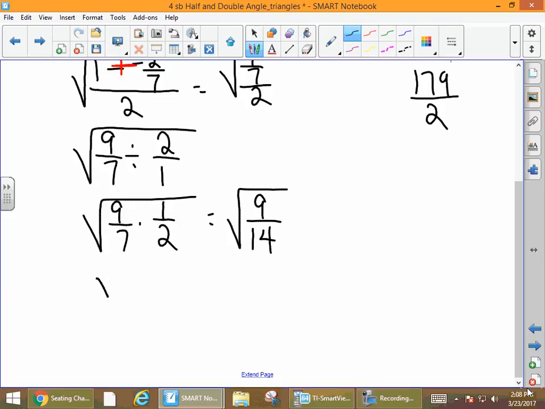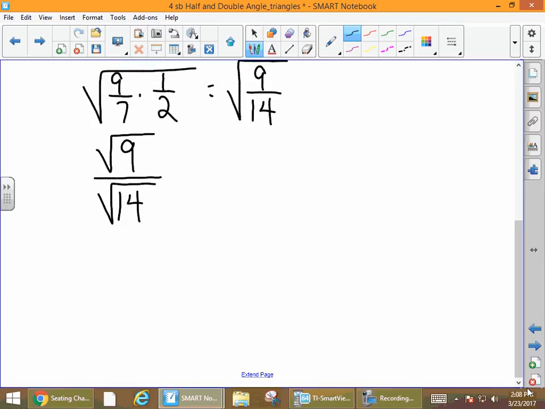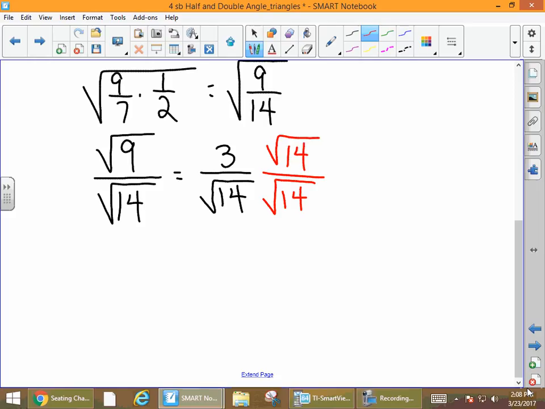So we've got the square root of 9 and the square root of 14, and notice how I separated that fraction into 2. We're allowed to do that. Can we take the square root of 9? Yeah, it is 3. So now we have 3 over the square root of 14. We want to get rid of the radical in the denominator. So we're going to multiply it by itself, by multiplying by radical 14 here, multiplying by radical 14 here.